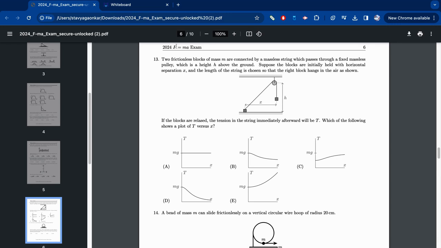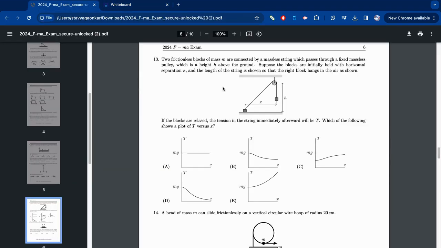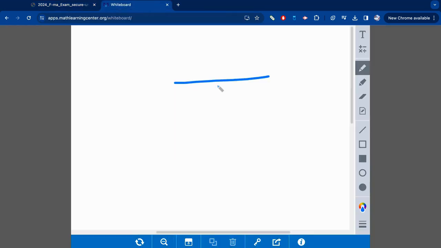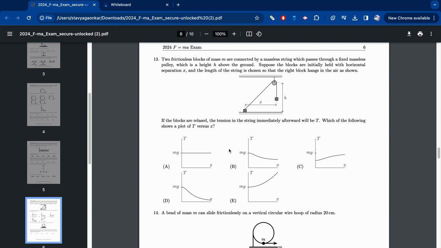The way to think about this is, you have this pulley, and this mass m, and the other mass m, a distance x away. If we look at the graph, we can consider points that are easy to identify.